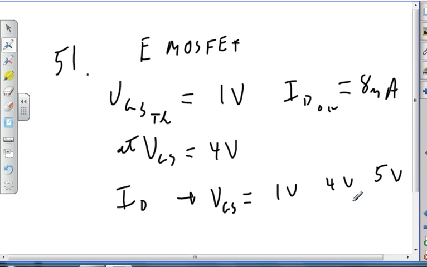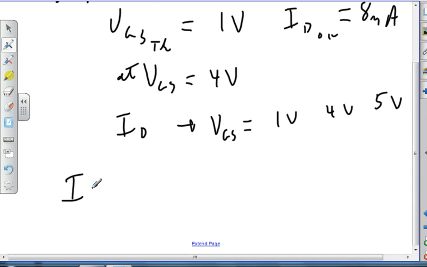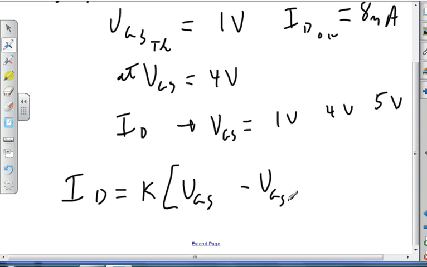Okay, so now we got to find an enhancement mode MOSFET. There's a DMOS, and now I'm on the enhancement mode guy, and I find an equation on page 737 that says ID is equal to K (VGS minus VGS threshold) squared.